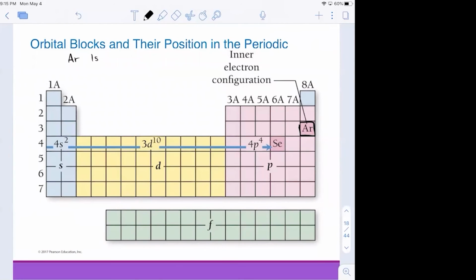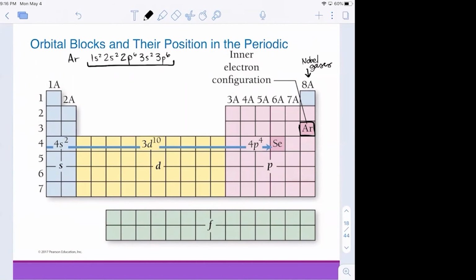Argon on the periodic table has an electron configuration of 1s2, 2s2, 2p6, 3s2, 3p6. All of its electrons are complete in this set. Why the noble gases are so inert, why they don't react, is because there's a completeness in their orbitals.